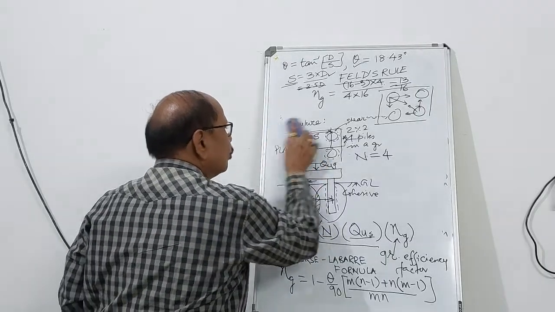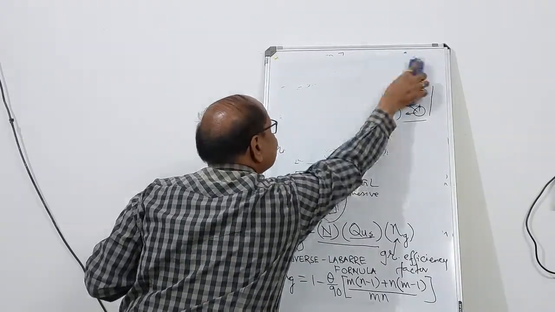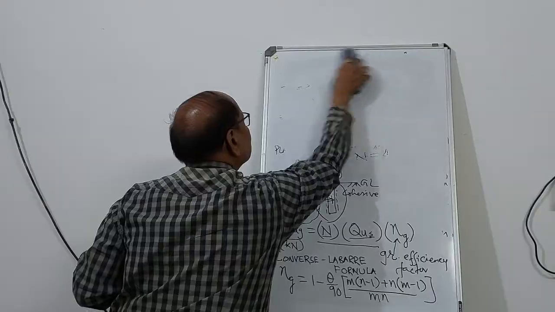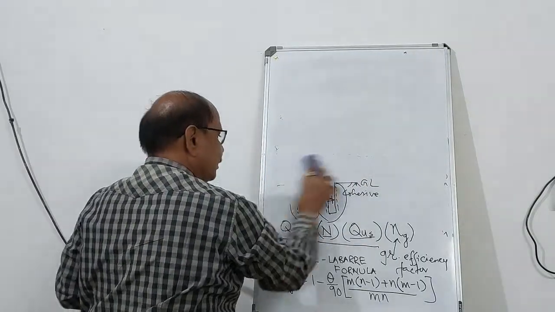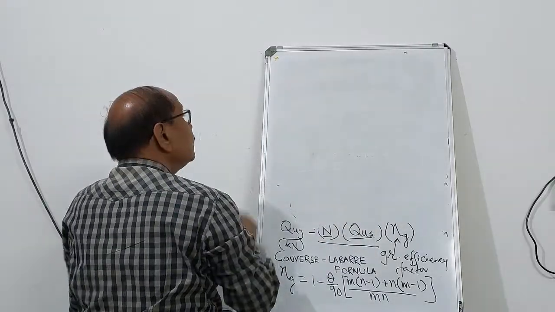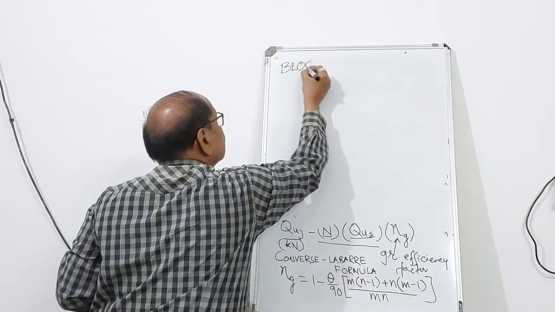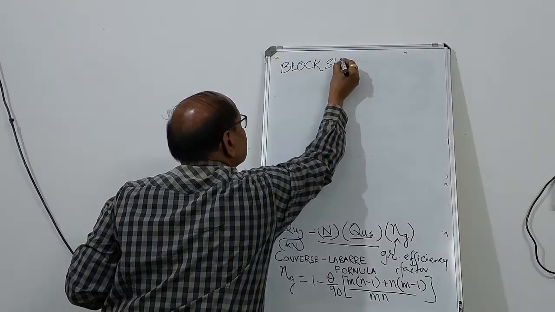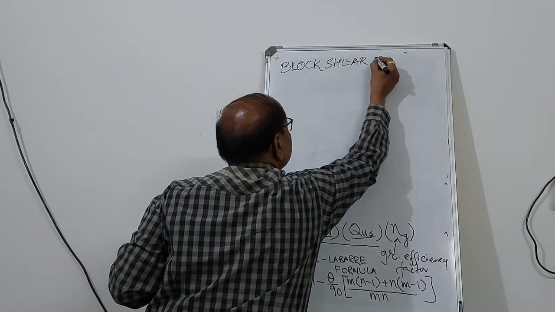So same pile group, let's say if it fails under block shear, how is it going to fail? So the failure could be under block shear, or group shear failure.